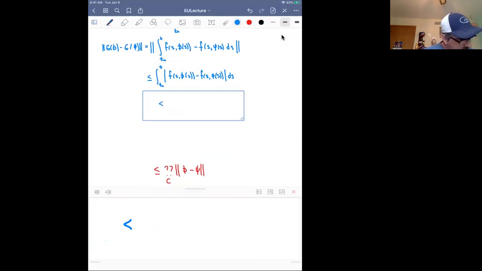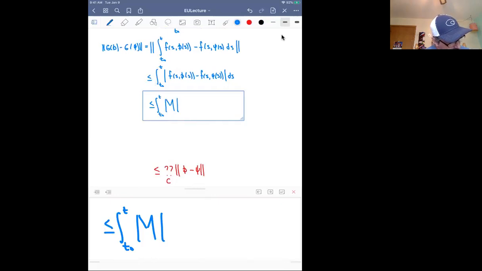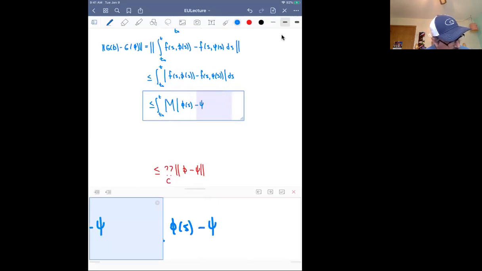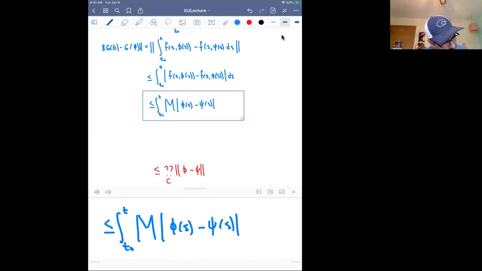This is going to be less than or equal to the integral from t0 to t of some constant m times the absolute value of phi of s minus psi of s, ds. And I'm going to tell you what I just did there. Where did that come from?